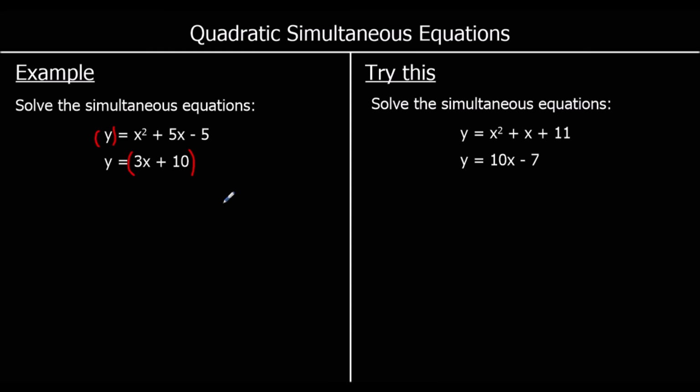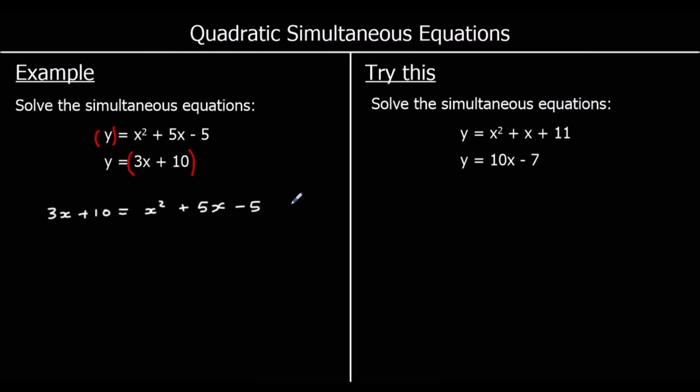And this is going to get rid of y, so we're going to have an equation just in terms of x, which we can solve. So let's do that. We're going to change this y into 3x plus 10. So we've got 3x plus 10 equals x squared plus 5x minus 5.